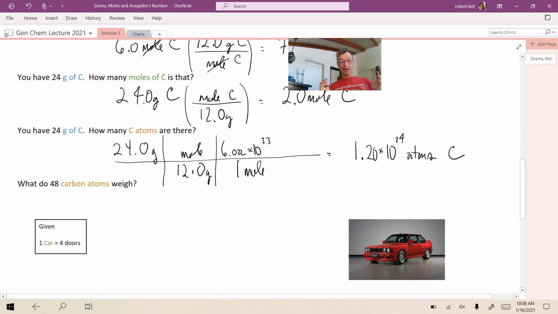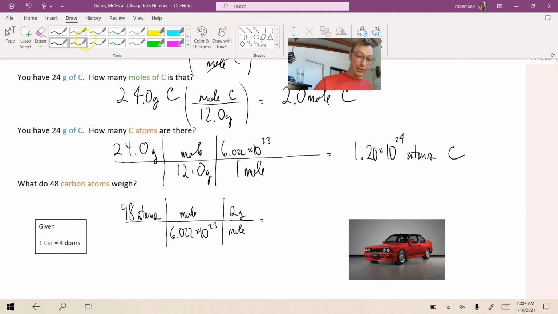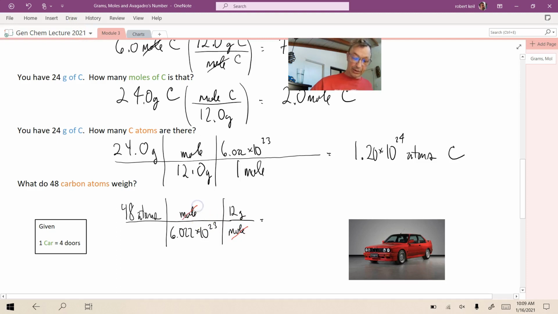And the last question is, how much does 48 carbon atoms weigh? Obviously, the answer is going to be not a lot because atoms don't weigh very much, so you should get a very tiny number. So if I had 48 atoms, and there's 12 grams per mole, so what I can see is when I do it this way, I'm canceling the number of atoms, and when I do all that, it kind of looks nice.